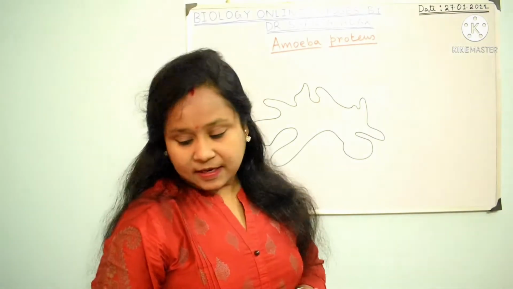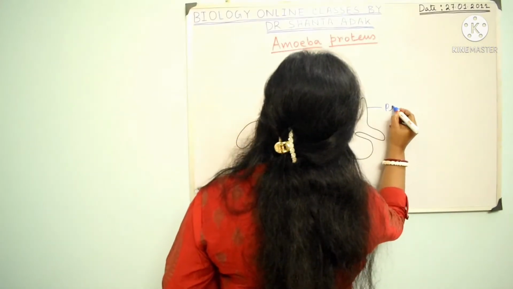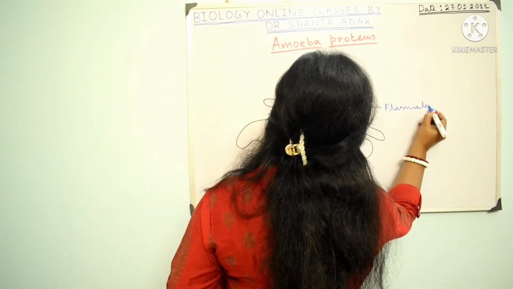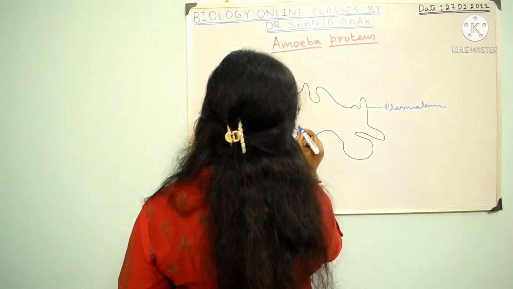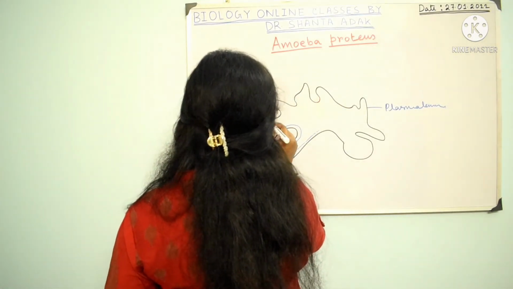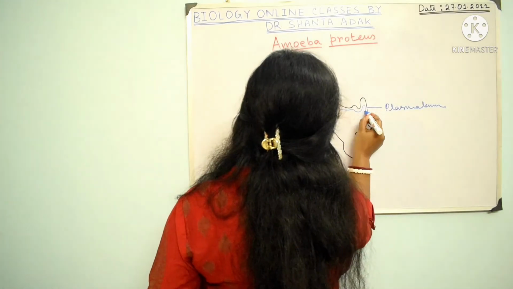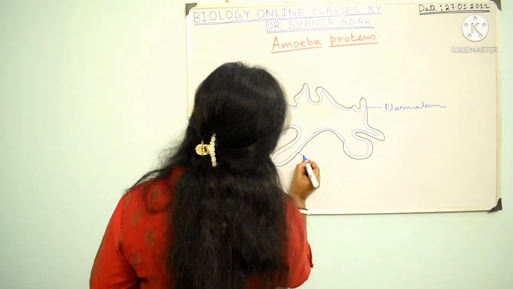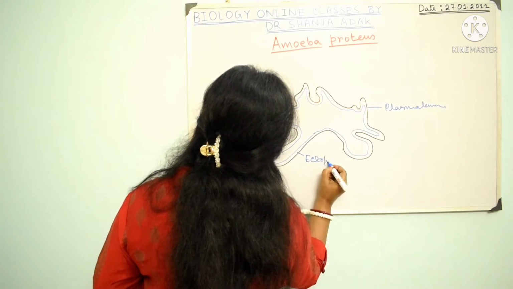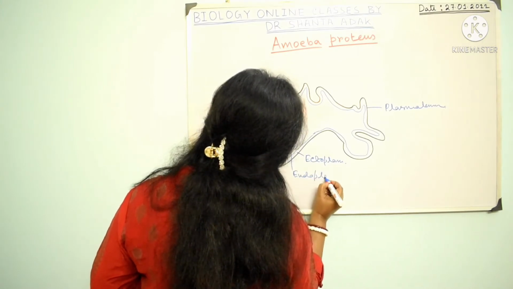So this is a rough diagram of amoeba, and this outer layer is known as plasmalemma, and on its inner side, this one is known as ectoplasm, and this inner layer is known as endoplasm.